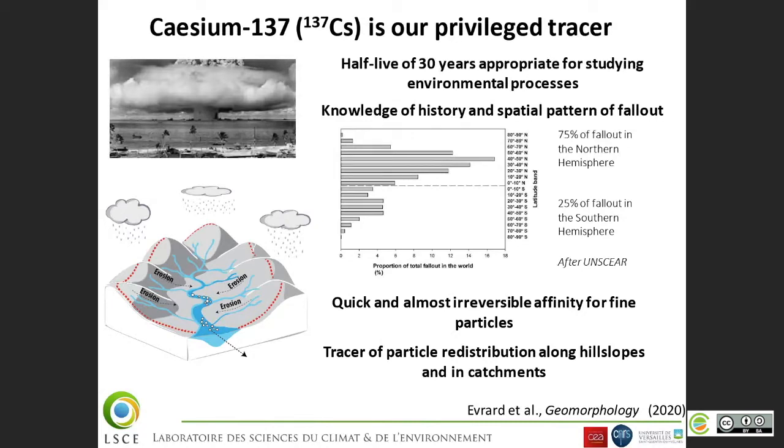And this is related to the location of the bomb testing sites. Most of the tests took place in the northern hemisphere. So here in Paris, we are in the best latitudinal band somehow, where we have the most cesium fallout to trace particles, if we see things with that vision.